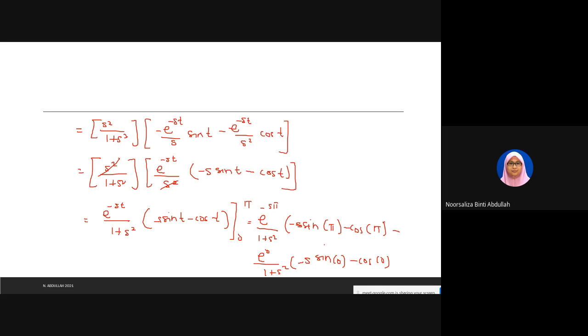Okay, so sin pi, what is sin pi? Sin pi is 0. Betul? Cos pi is minus 1. Sin 0 is 0. Cos 0 is 1. Right.